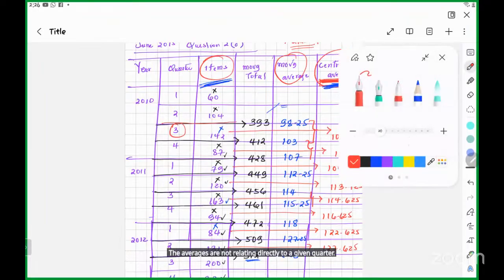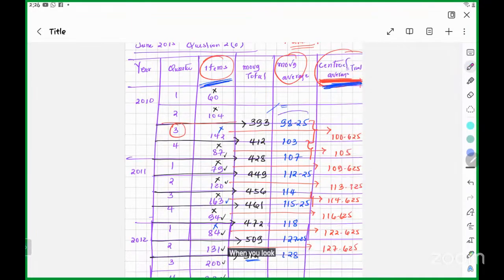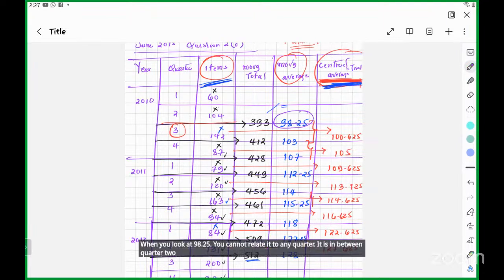When you look at 98.25, you cannot relate it to any quarter. It is in between quarter 2 and quarter 3. So it needs to be attached to a specific quarter. That's why you go ahead to compute what you are calling a centered average.